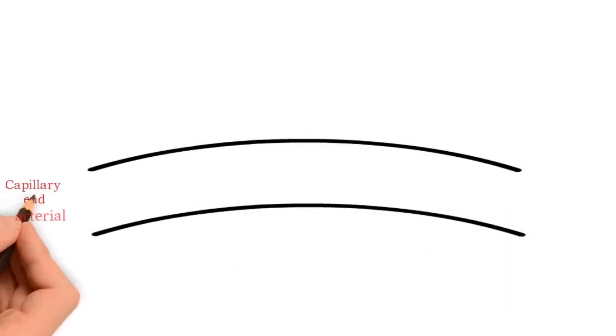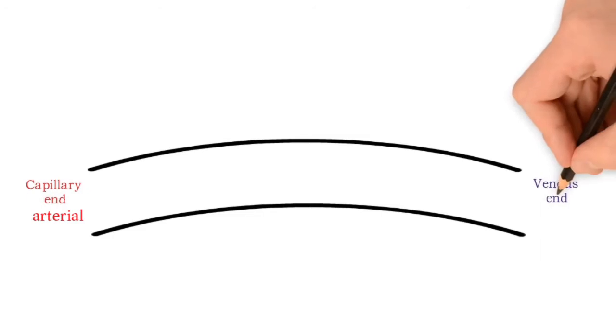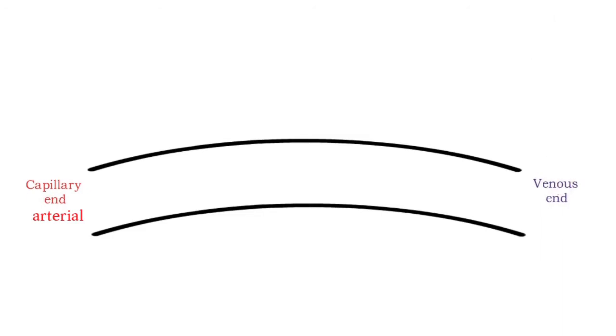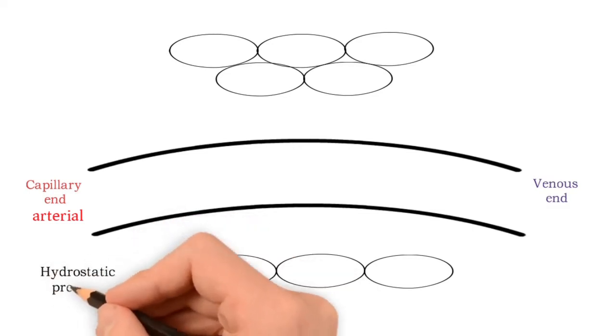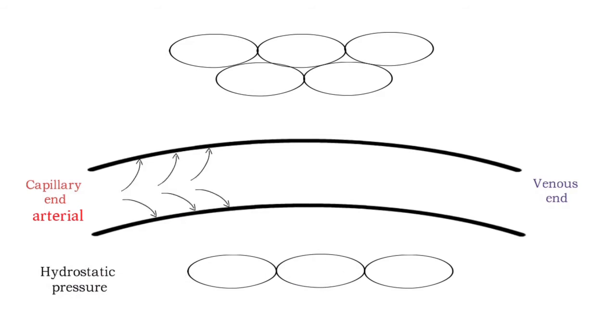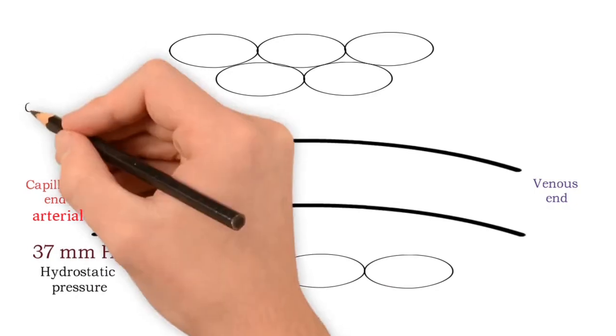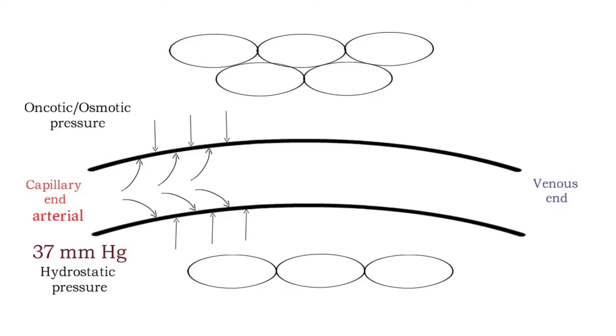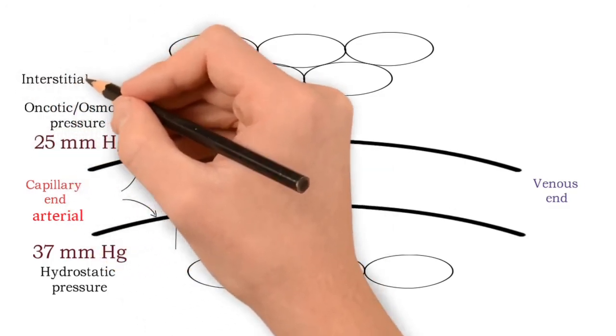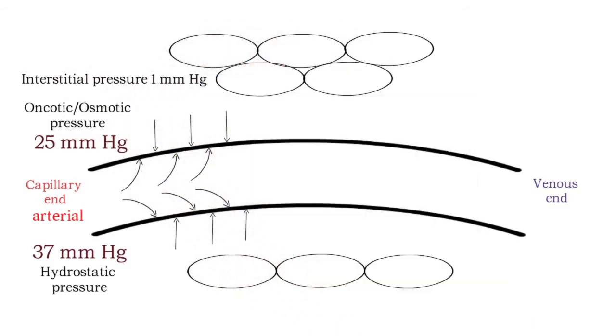Now suppose this is a capillary. This side is arterial end and this side is venous end. And this is the tissue cell. Now understand this. Hydrostatic pressure that is exerted on the inner wall is approx 37 mm of mercury, whereas oncotic or osmotic pressure exerted by plasma protein is approx 25 mm of mercury, and interstitial pressure of 1 mm of mercury is opposing it.